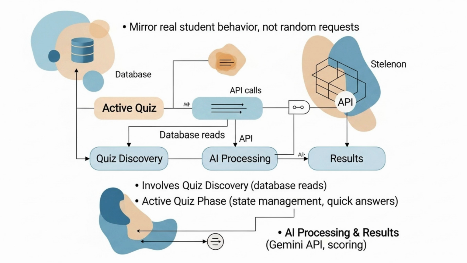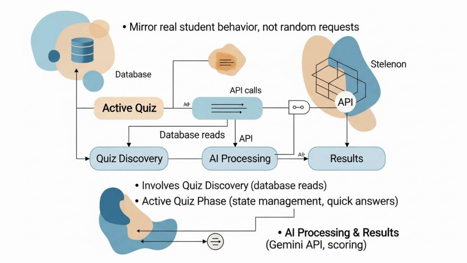Then we enter the active quiz phase, characterized by rapid-fire question answering and real-time state management, demanding efficient backend processing and network communication. Following that, we have the AI processing phase, where our system makes calls to services like the Gemini API for dynamic question generation or feedback, introducing unpredictable processing delays.